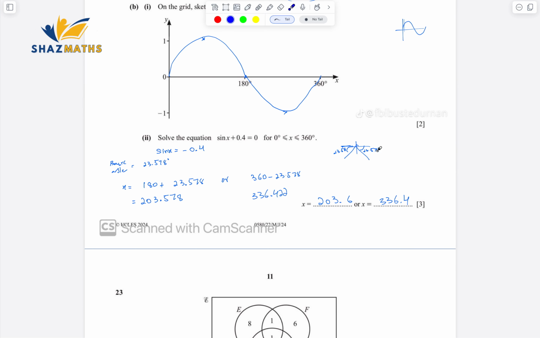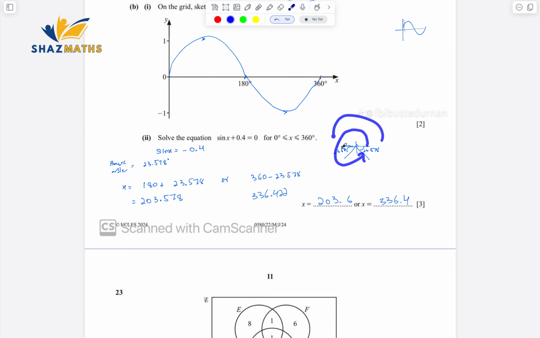Okay, so the basic angle equals 23.578 degrees. So x equals 180 plus 23.578 or 360 minus 23.578.